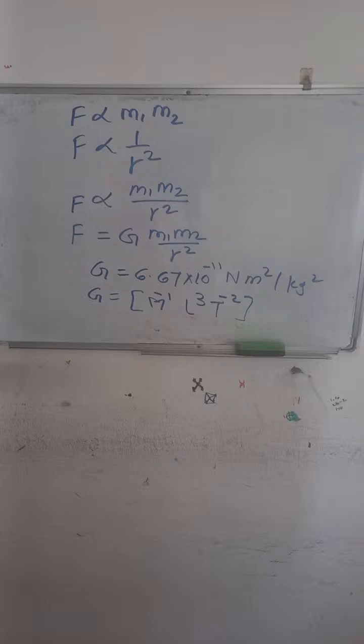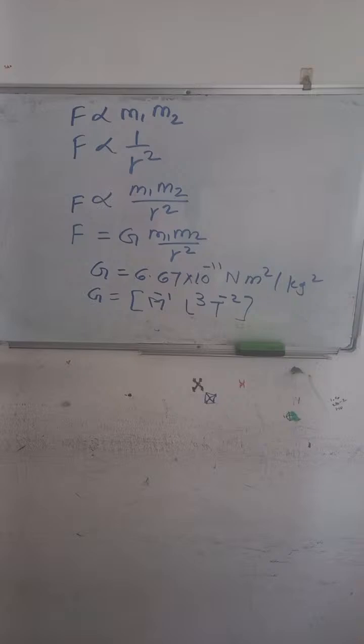It's not. It is independent of the nature as well as the size of the body, and also independent of the nature of the medium. Doesn't matter what medium is there or what the nature of the body is. That's why the G value will remain the same everywhere.